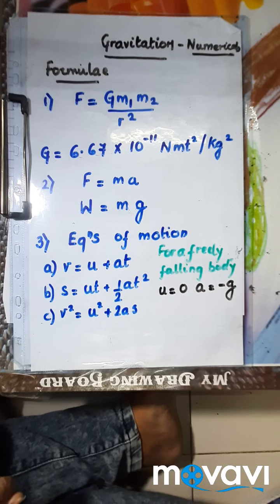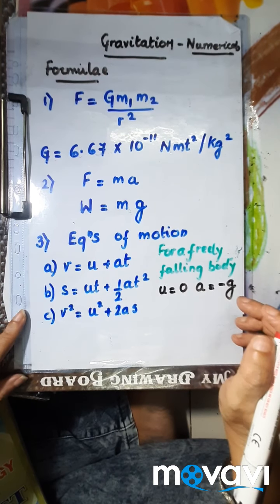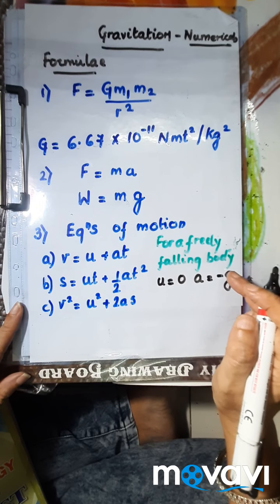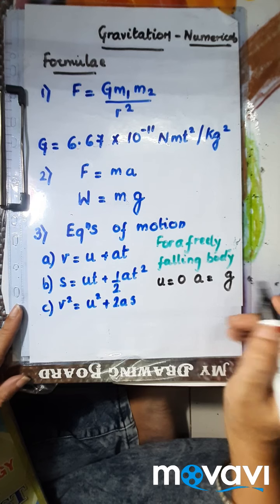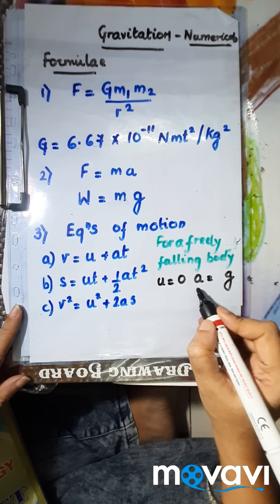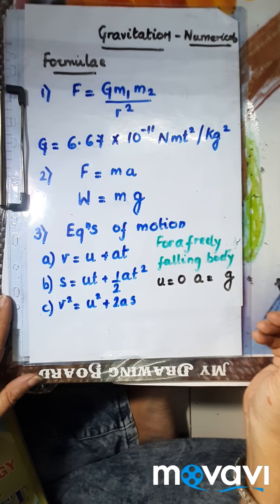Gravity takes it. So we'll take this as G for the time being. For a freely falling body, acceleration is the acceleration due to gravity.